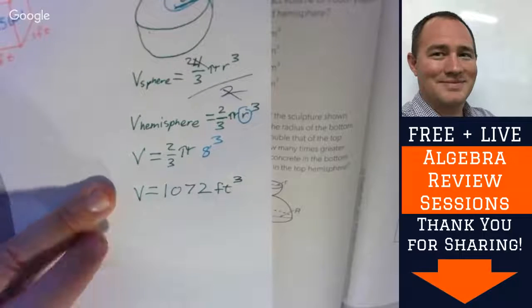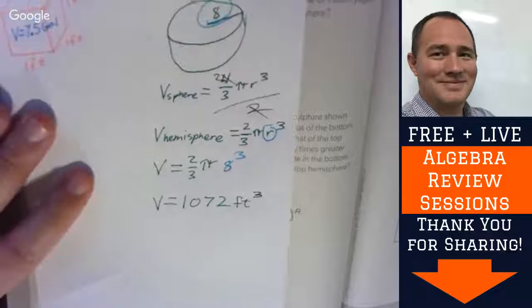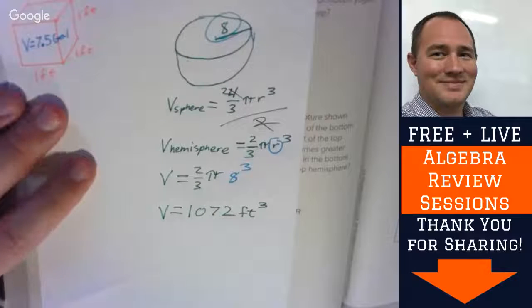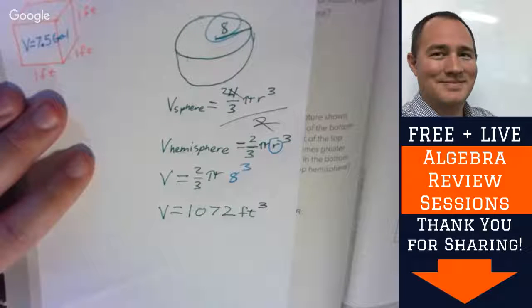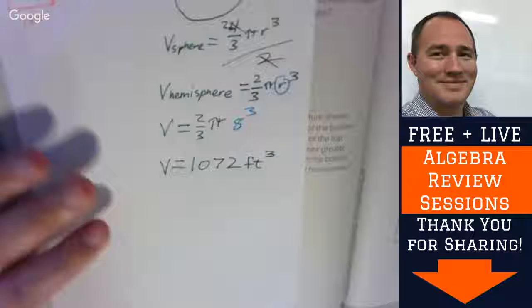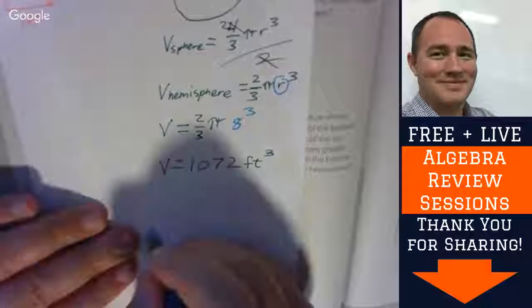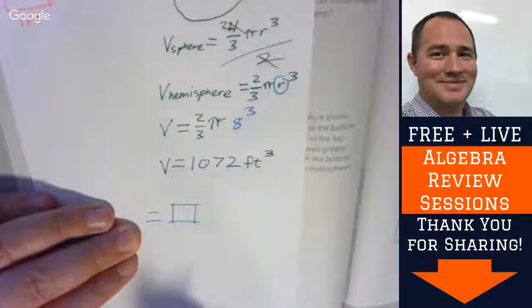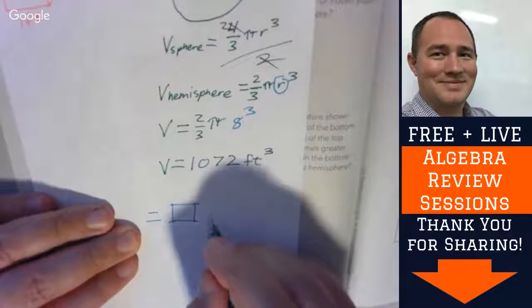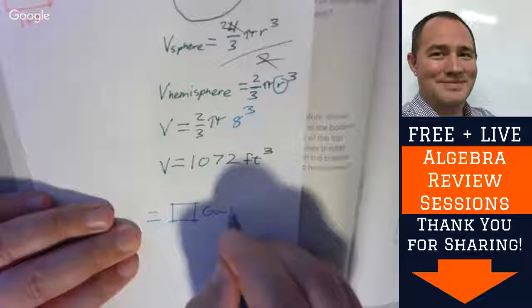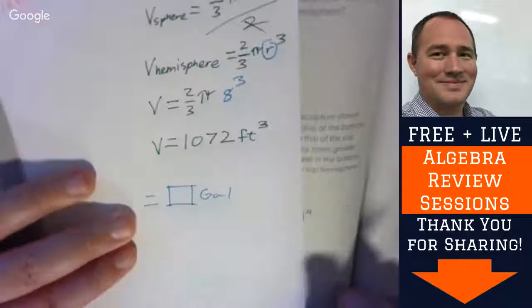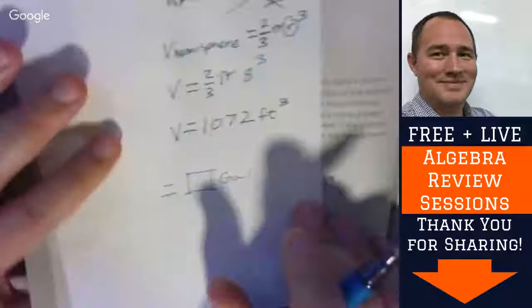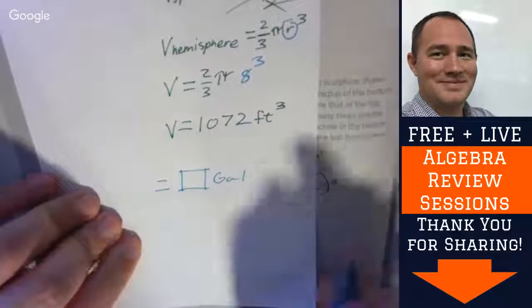Okay, so now let's look at the conversion. How do we go from feet cubed to gallons? If we want to end up in such and such gallons, this is where it helps to understand some dimensional analysis, or canceling of units.